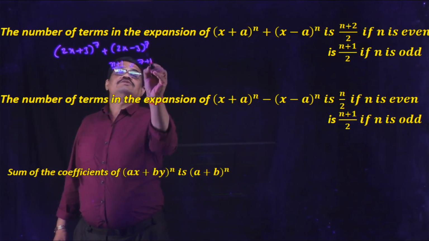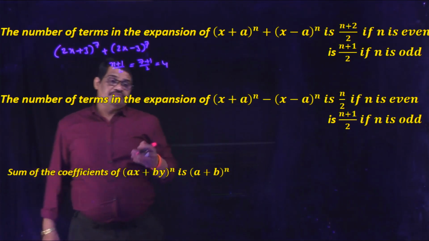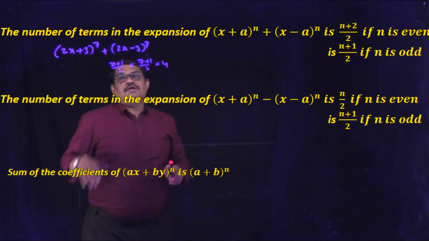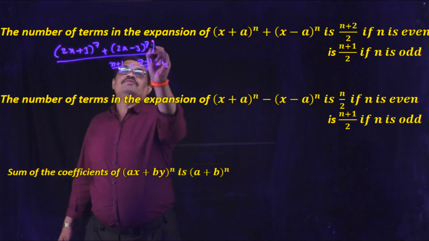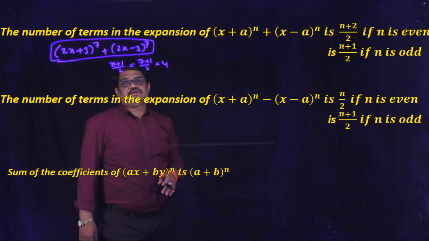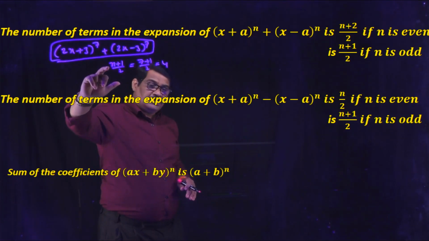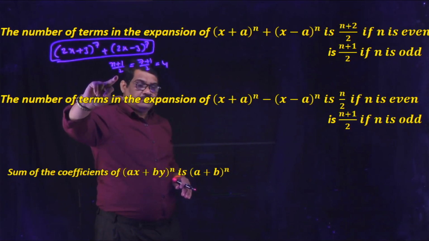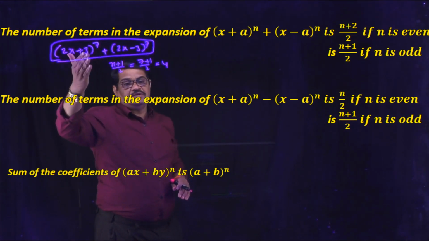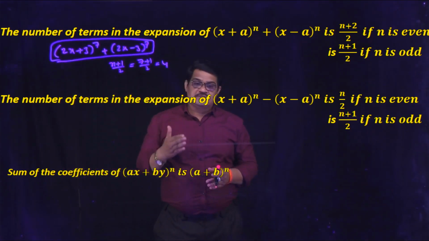Here (7 + 1)/2 is 8/2, that is 4. So we use that formula to find the number of terms in that expansion. If n is odd, we take (n + 1)/2. If n is even, then the total number of terms is (n + 2)/2.